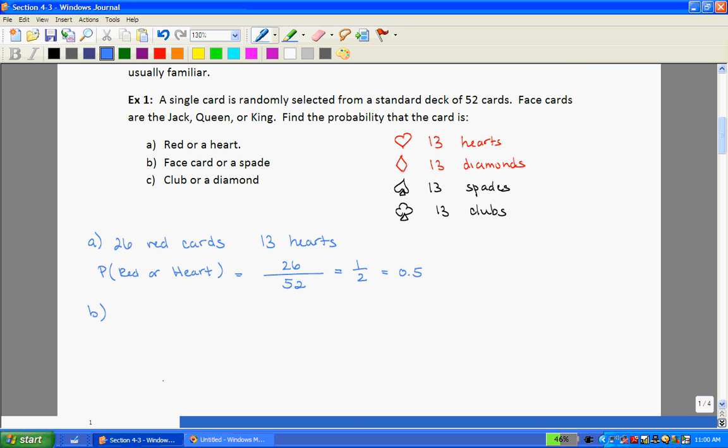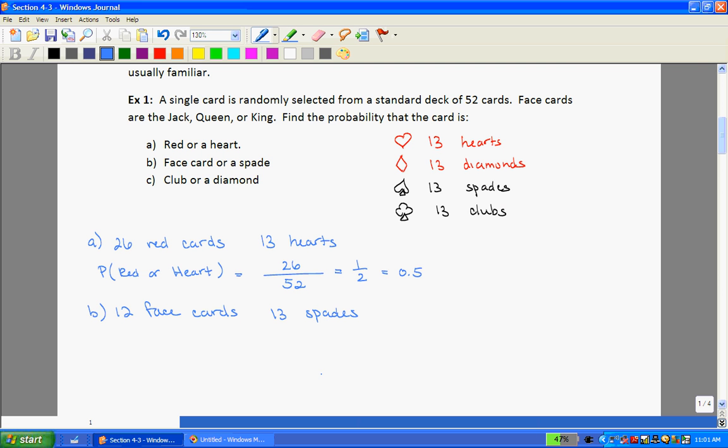Let's take a look at B. A face card, or a spade. Well, how many face cards are there? There are 3 in each suit, the king, queen, and jack, and there's 4 suits, so there are 12 face cards. And there are 13 spades.